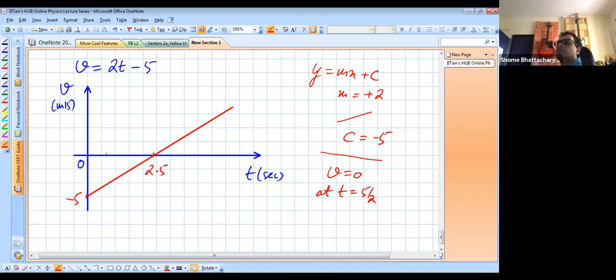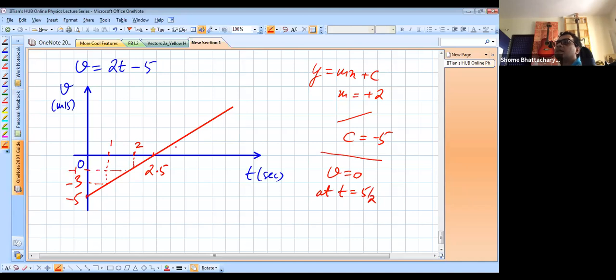Okay. You can see that, for example, at t equal to 1 second, if that is somewhere over here, the velocity would be how much? It would be 2 minus 5. So it would be minus 3. And you can see that at t equal to 2 seconds, which might be somewhere here, it will be 4 minus 5, so it will be minus 1. So this is how the velocity is changing with time.